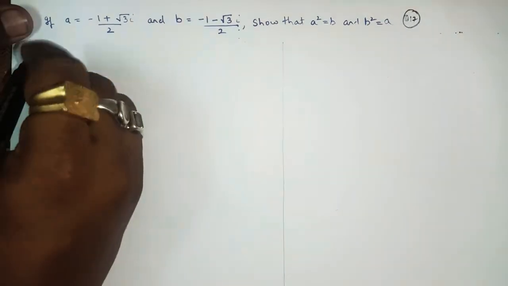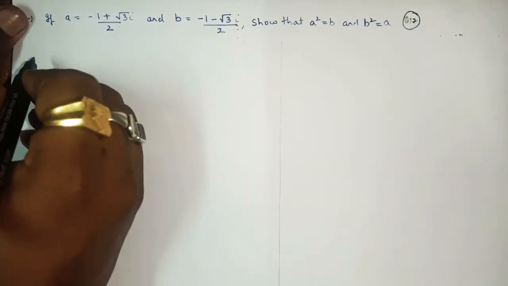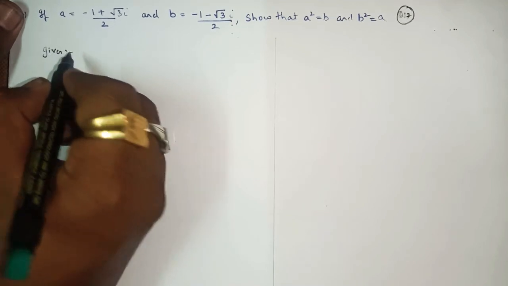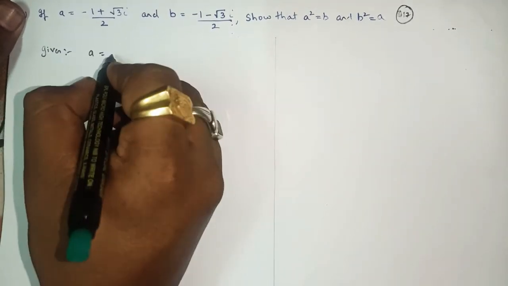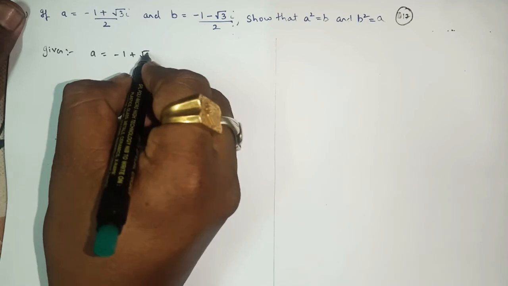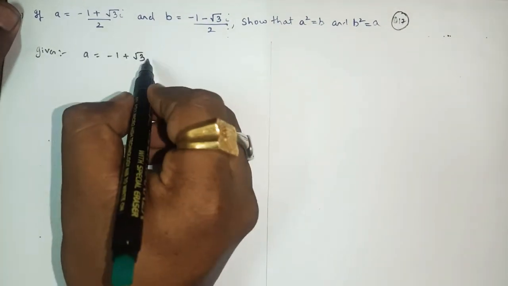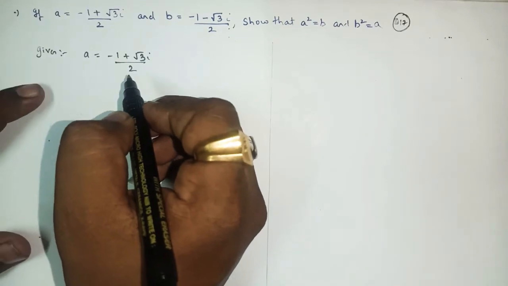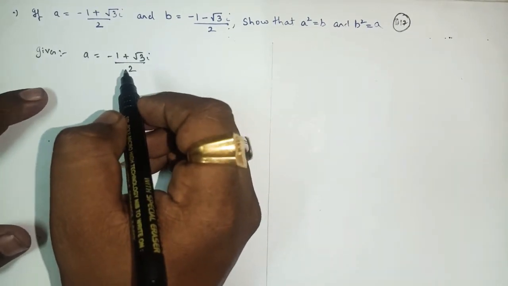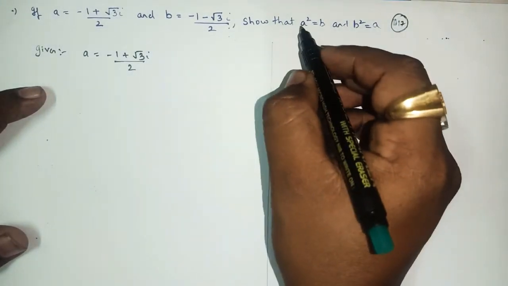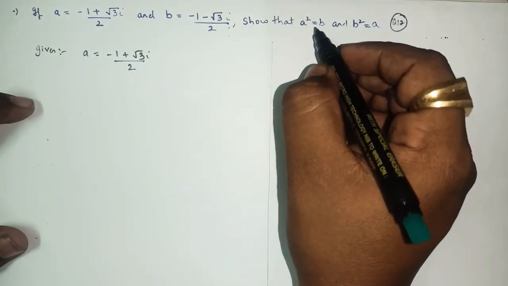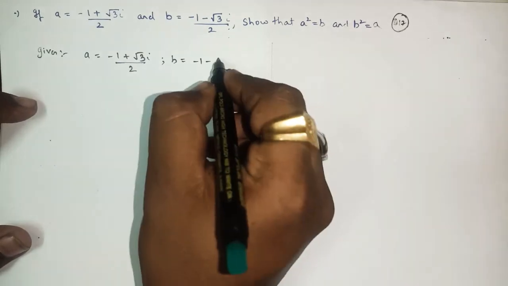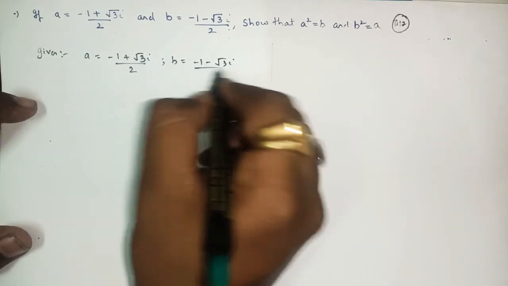Now, the given is what? Given a equals (-1 + √3 i)/2. As it says that you have to show that a square equals b, and here the b is what? b is (-1 - √3 i)/2.